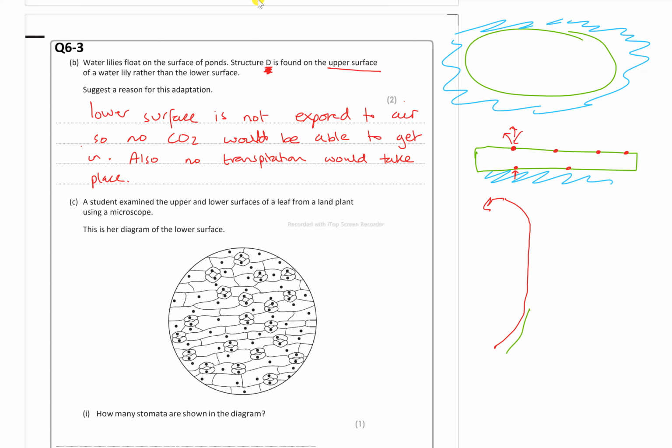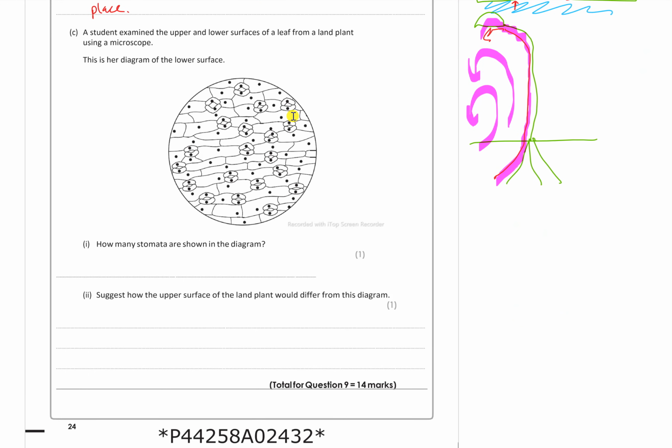So you've got your roots here, your soil there, your stem there, and a leaf here. This is the transpiration stream, and it just keeps doing that, and it helps keep the plant cool, especially during photosynthesis.